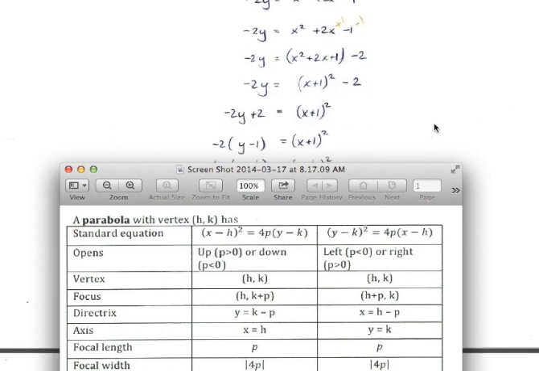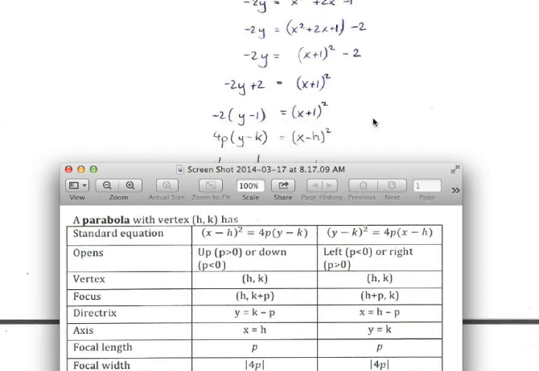If we continue to simplify and to bring this equation to look like the standard form, we add 2, we factorize, and eventually we compare this negative 2 times y minus 1 equals x plus 1 squared to the standard equation 4p y minus k equals x minus h squared.